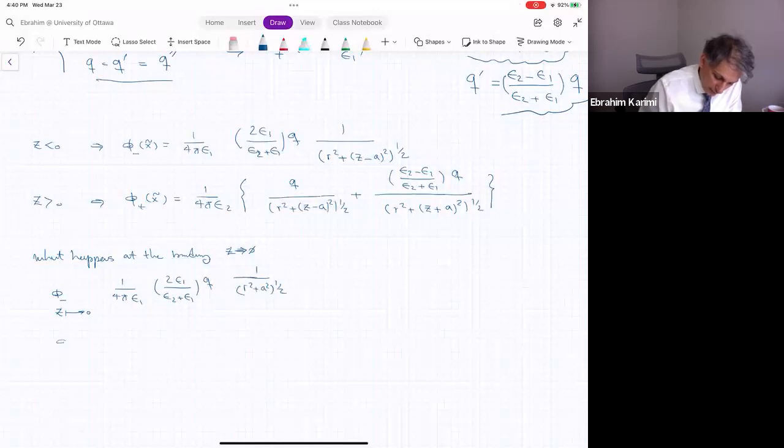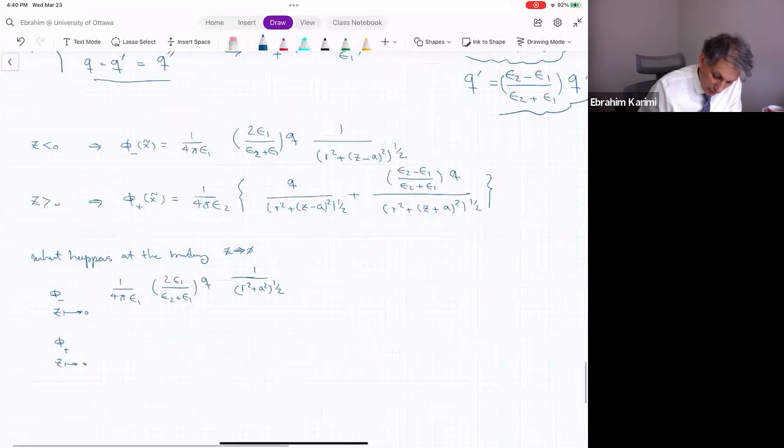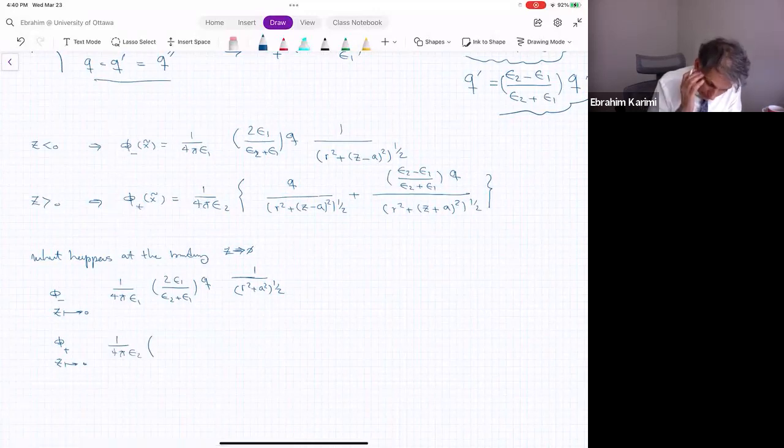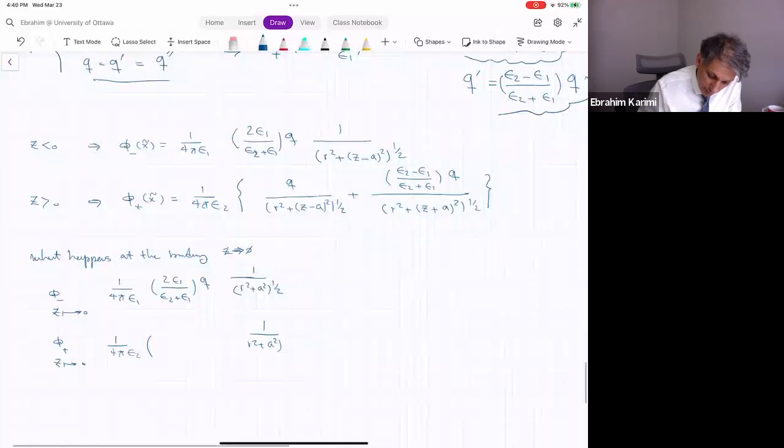For the other one, phi plus, z goes to 0. It will be 1 divided by 4 pi epsilon 2. And then the denominator will be identical for both of them, so it will be 1 divided by r squared plus a squared to the power of 1/2.